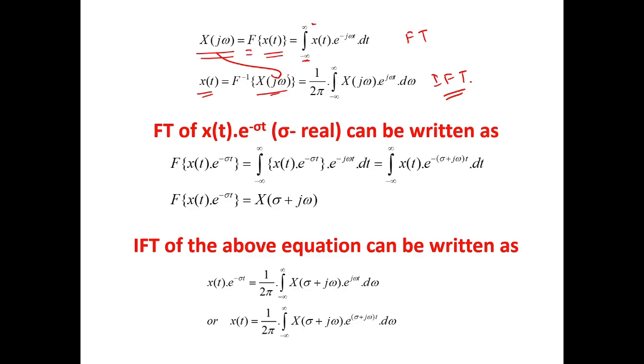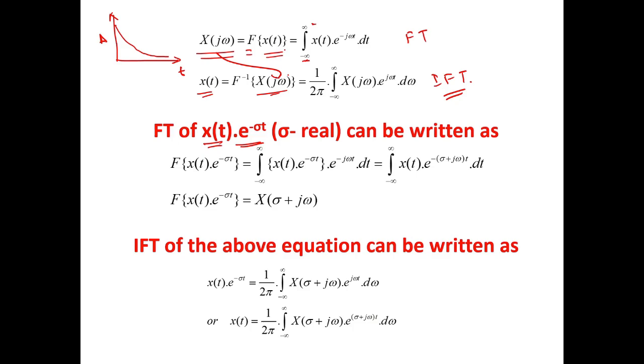So what can we do over there? The thing is that we can multiply the signal with e to the power minus sigma t. And when we do that, how does this look? It would look something like this, time versus amplitude, right?